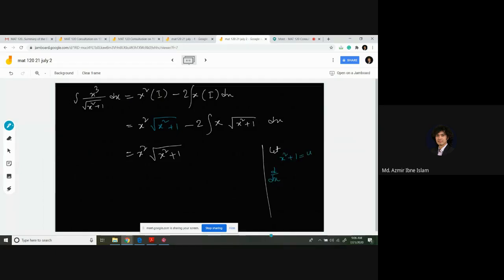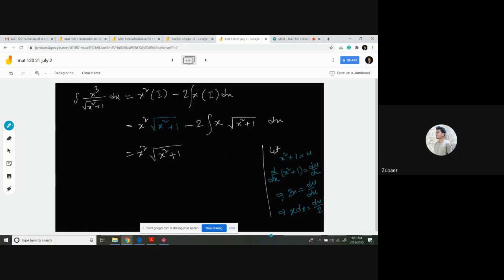So d/dx of x squared plus 1 is equal to du/dx. So finally we are getting 2x equal to du/dx, and then I have mentioned that you have to keep x dx on left side and on right side u and constant terms.